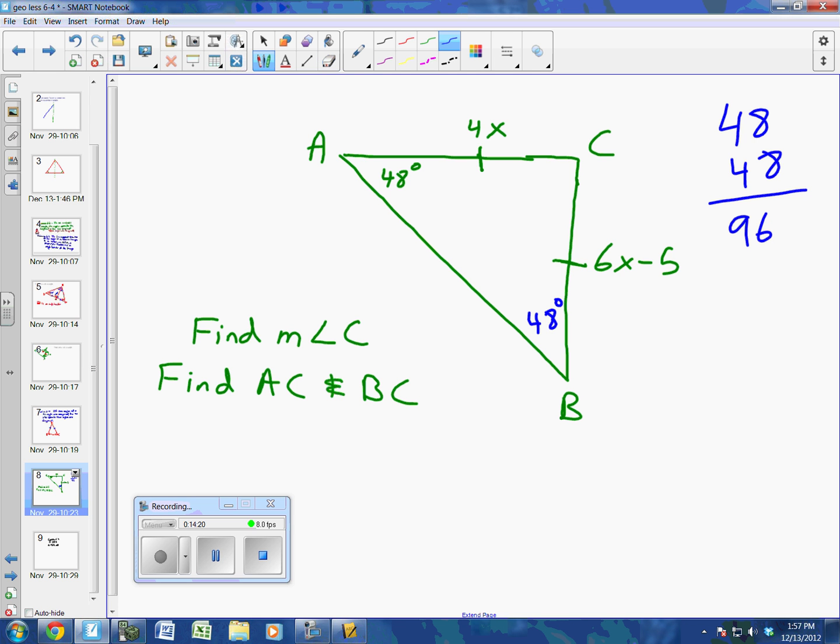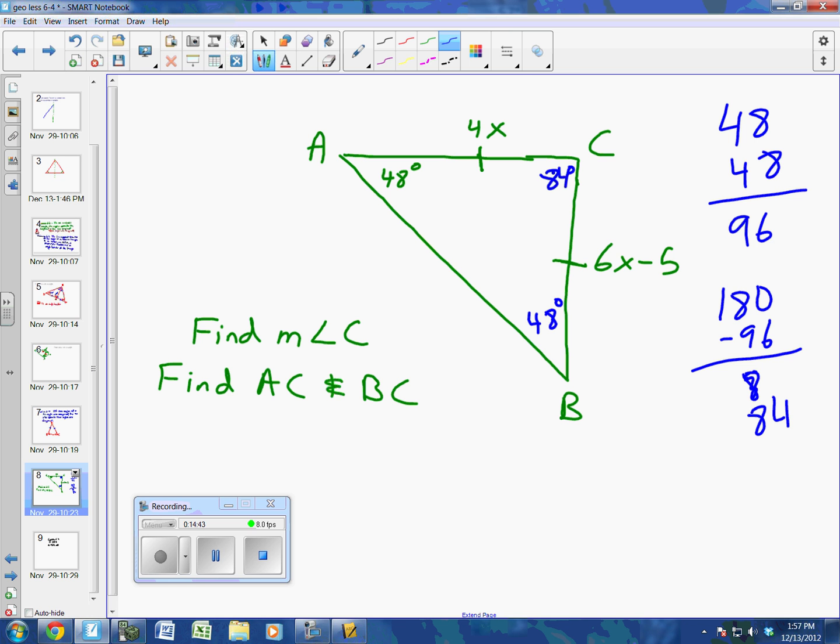Okay, 96. So what's this one up here? That's going to be 84 degrees.